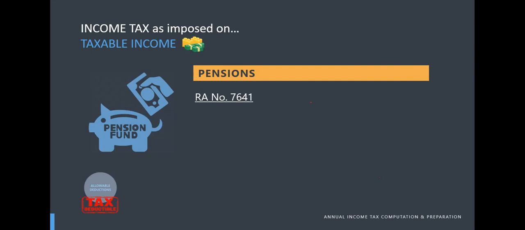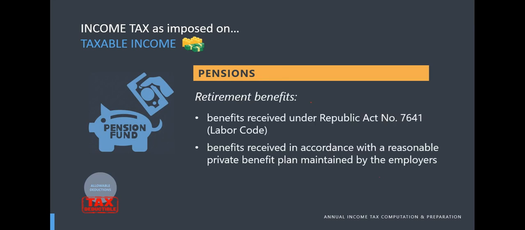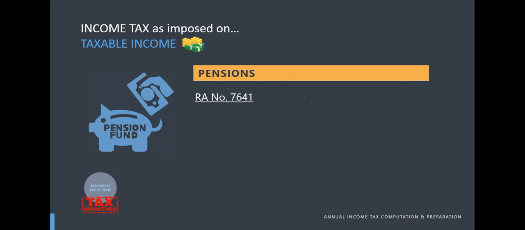Under RA number 7641, this is what is written in the Labor Code. In the absence of a reasonable private benefit plan, RA number 7641 will be used.